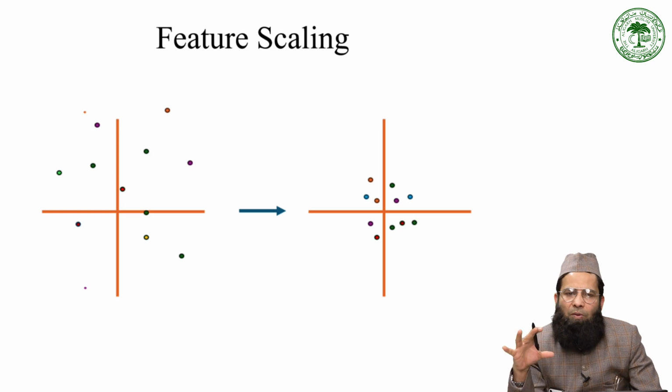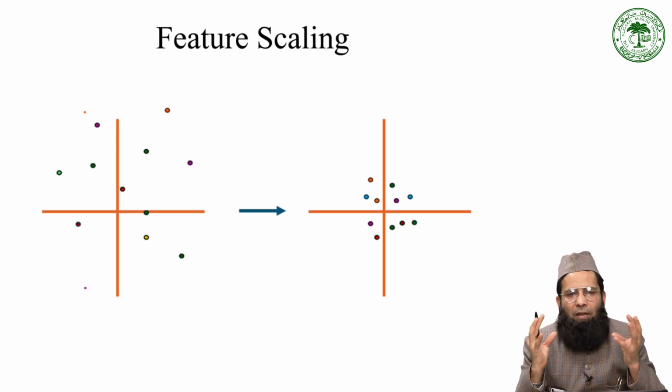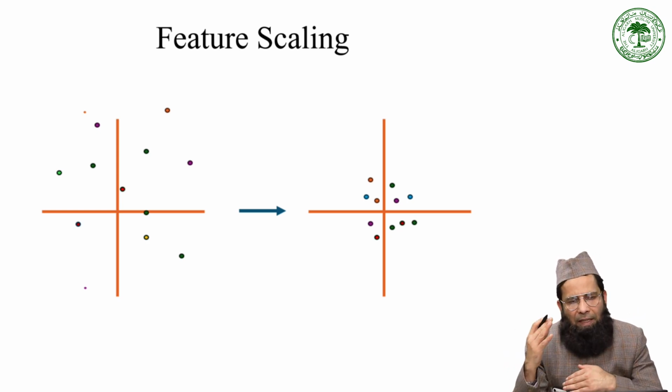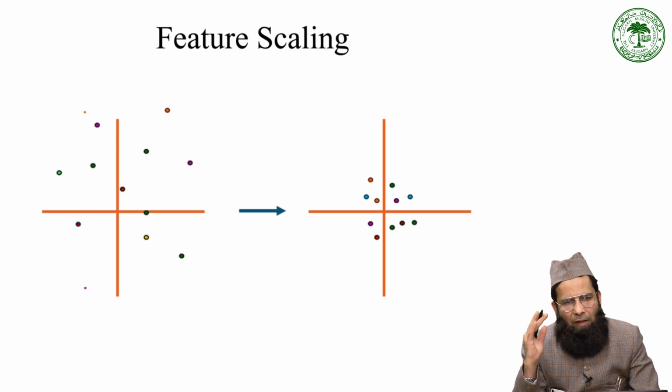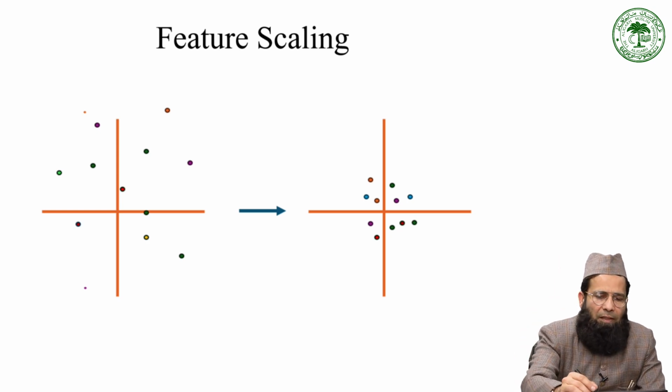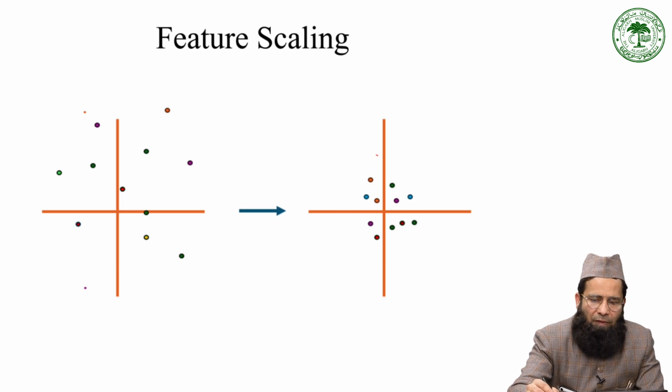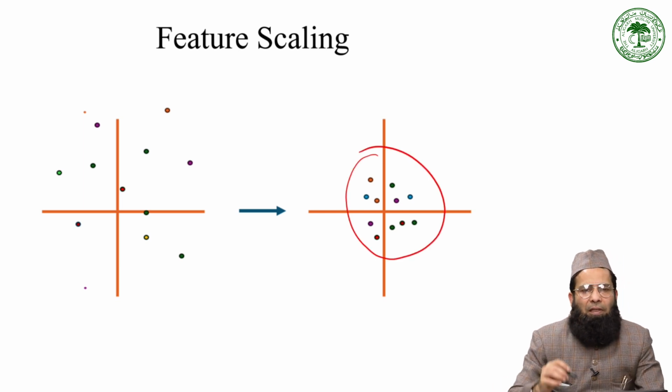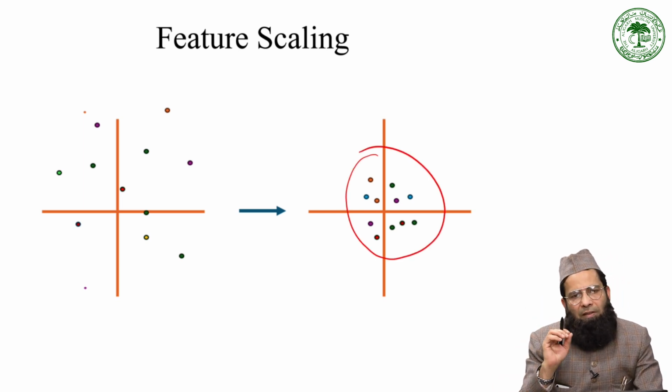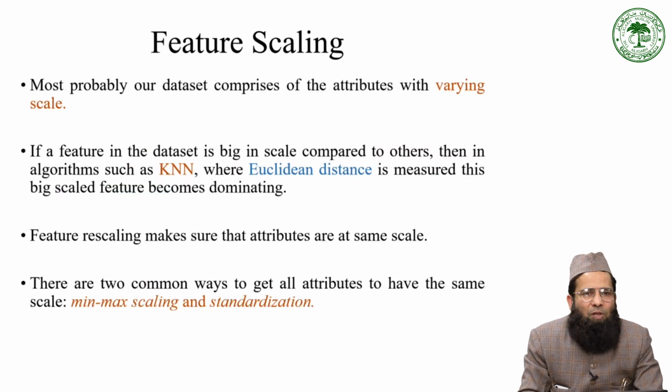So, we want to have a common scale for the data inside the features. Although the data are on different scales, after feature scaling the data is on a single scale. So, that is the purpose of feature scaling.